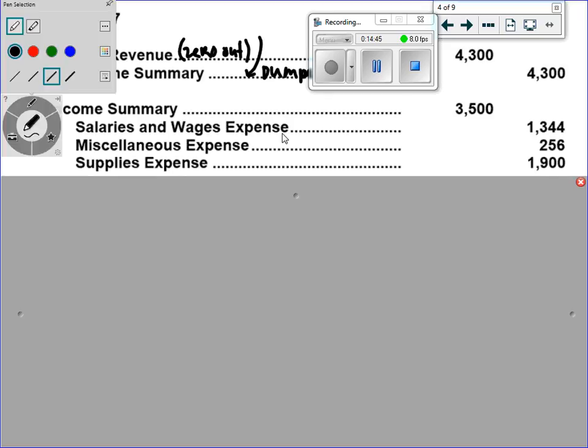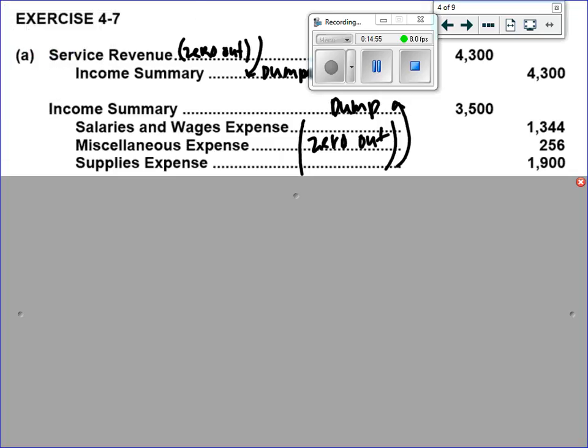The act of crediting these is zeroing out and dumping. Just by looking at this, do we have a net income or loss? Income. Tell me why we have an income. Yep, 4,300 is definitely larger than 3,500.